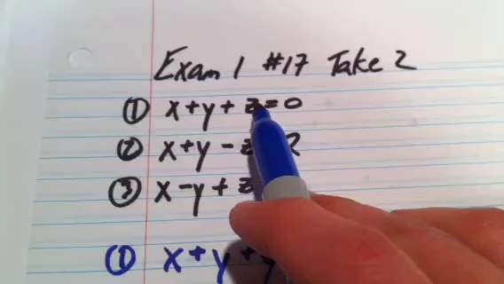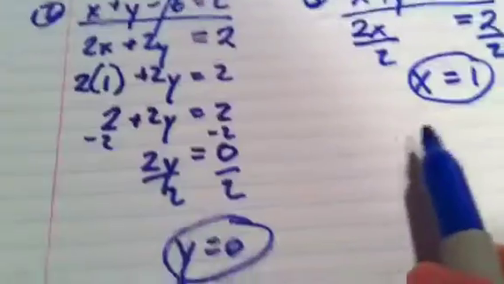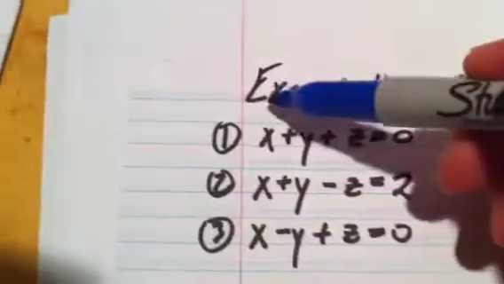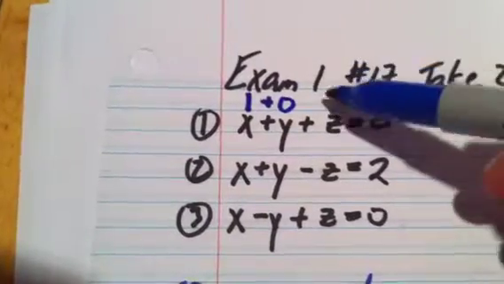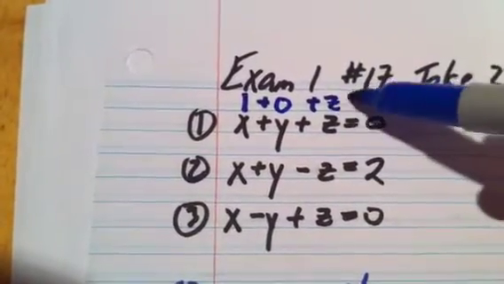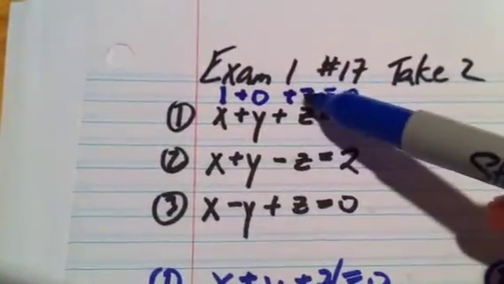Now I'll go all the way back up to any one of these original equations to figure out what that last z is. So remember, x was 1, y was 0. Putting it into this one, x was 1, y was 0, I don't know what z is yet. And so 1 plus z equals 0.